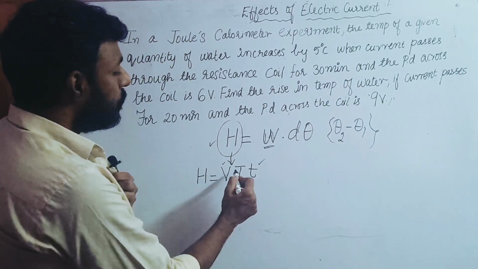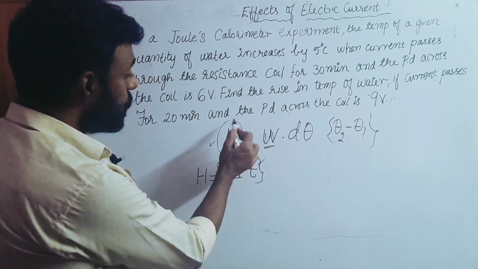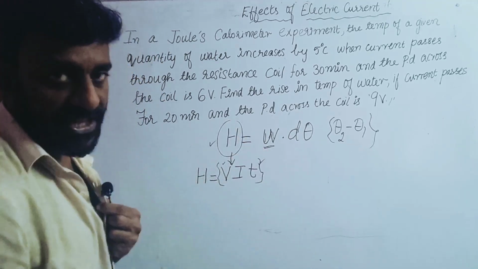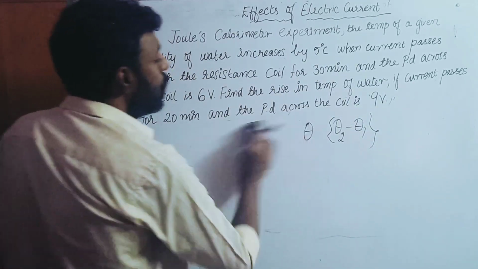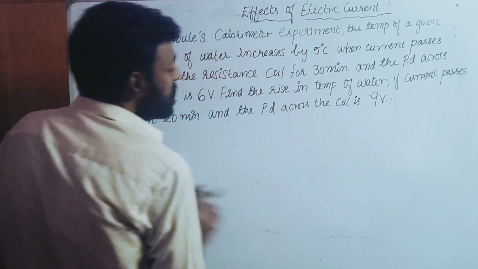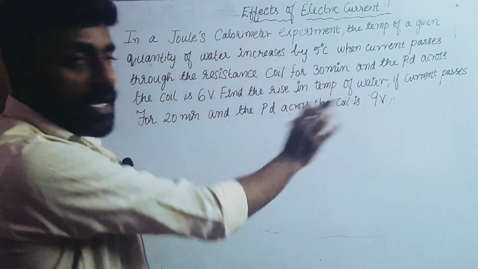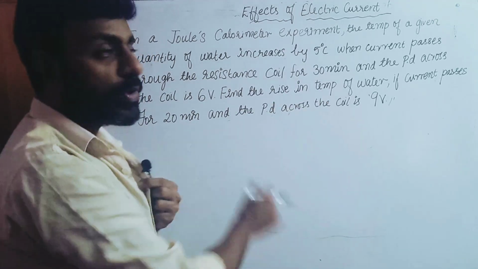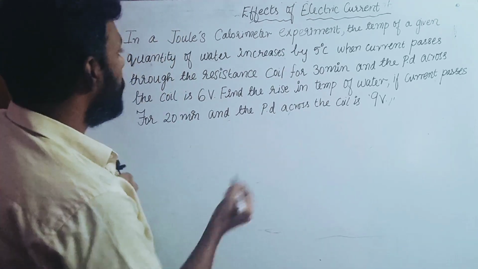So we can use this expression and substitute VIT in place of H. This is what I'm going to do. Before getting into it, from the question, I'm going to extract the data so that it will be easy for us to solve the problem and get the answer immediately.